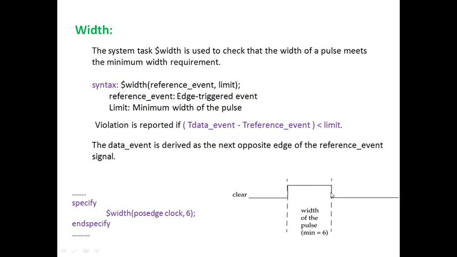Then when will the violation be reported? A violation is reported when data event minus reference event is less than the limit. If the reference event is happening at 5 seconds and the data event at 10 seconds, then 10 minus 5 is less than 6. That means this is violated, so the minimum width of the pulse is not being met, and I will have my width violation.